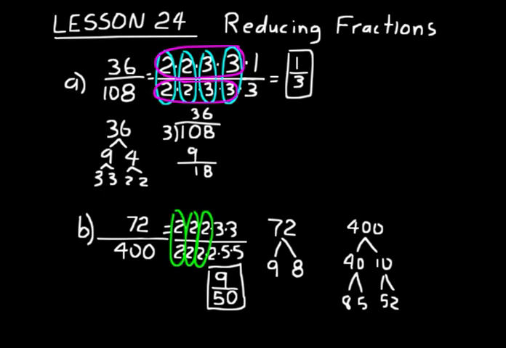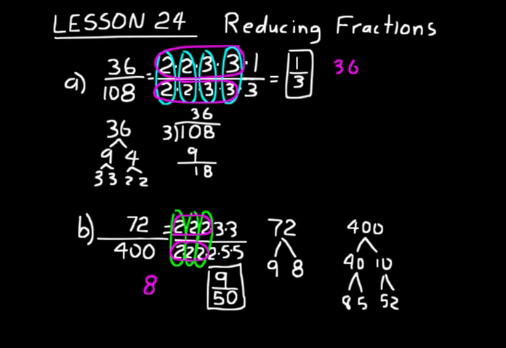For practice problem A, it's 4 times 9 or 36. 36 is the greatest common factor for 36 over 108. And then look at B. You have 2 times 2 times 2 over 2 times 2 times 2. 8 is the greatest common factor for those two problems. 8 times 9 is 72. 8 times 50.